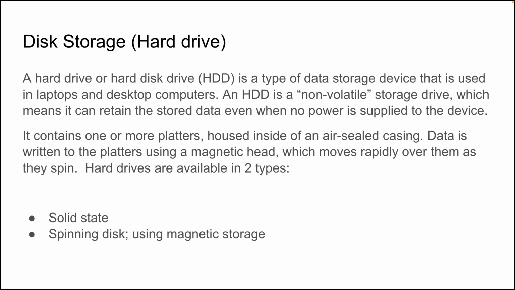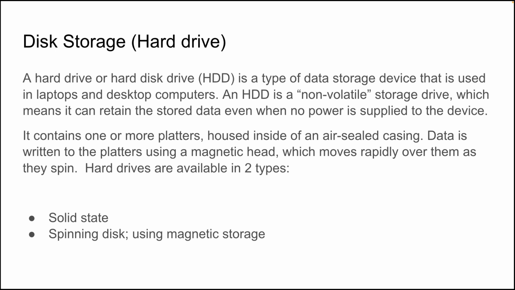Disk storage, or your hard drive, usually is what people are used to when they talk about storage. A hard drive or a hard disk is a type of data storage that is used in laptops and desktop computers. A hard disk is a non-volatile storage type, which means it can retain the stored data even with no power supplied to the device. It contains one or more platters, and you'll see those platters. They're round and they're shaped like plates.